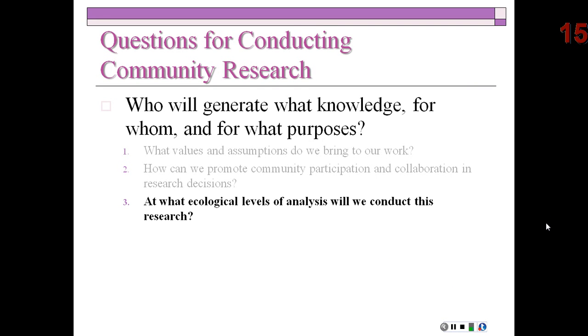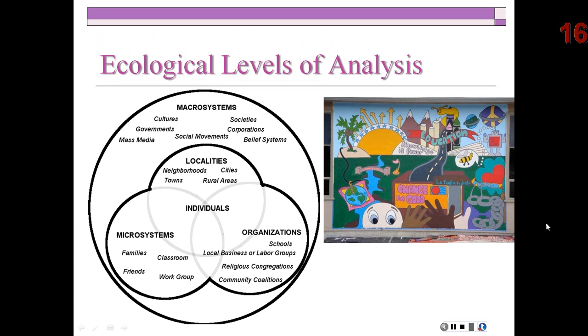And finally, our last question when we're conducting community research: at what ecological levels of analysis will we conduct our research? Research can be conducted at each level. So I'll give you an example. This is a mural that was created by Regina Langhout and her students in partnership with an after-school program in California.